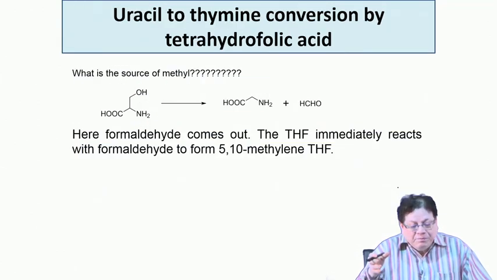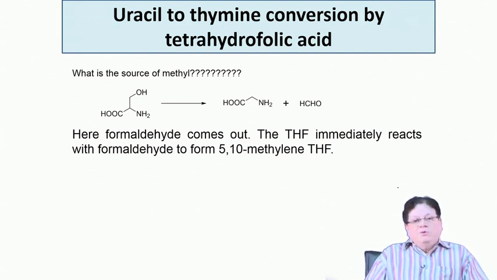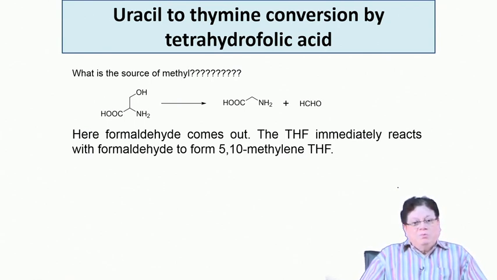Now, the question is, if you stop the dihydrofolate reductase from functioning, that means if you stop the production of tetrahydrofolate, remember what dihydrofolate reductase does, it converts the dihydrofolate into tetrahydrofolate, which is the coenzyme form from folic acid.